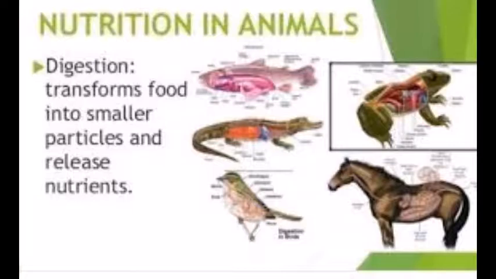Now, girls, in our notes I have given you a table. If you look at the table, you will see the region of the alimentary canal, digestive gland, the juice produced, enzyme, the class of food acted upon, and the substances produced. Let me explain this table.